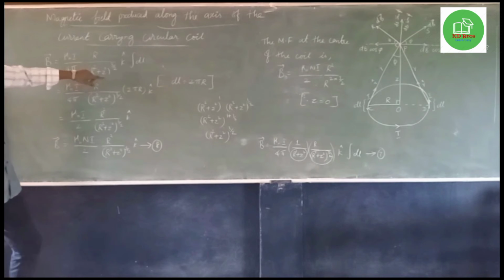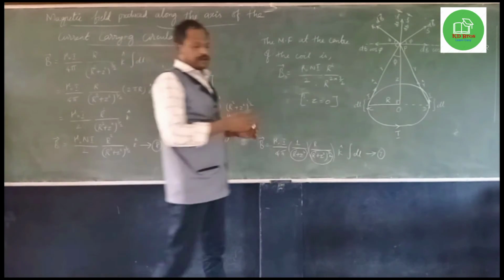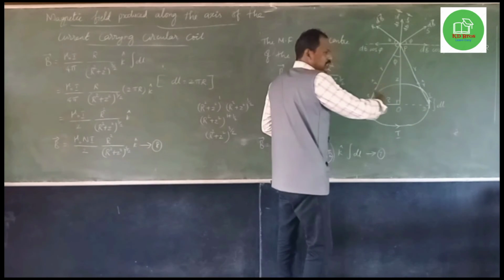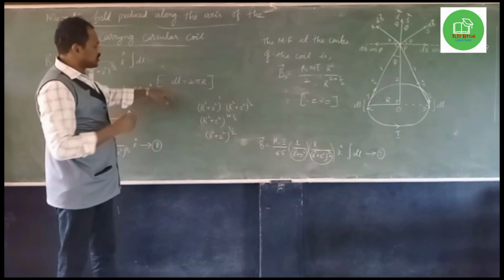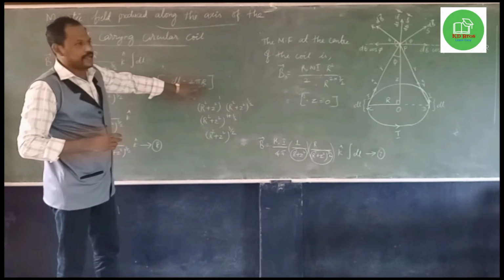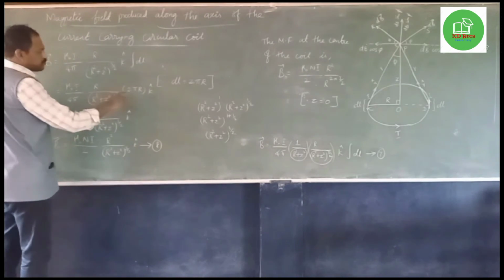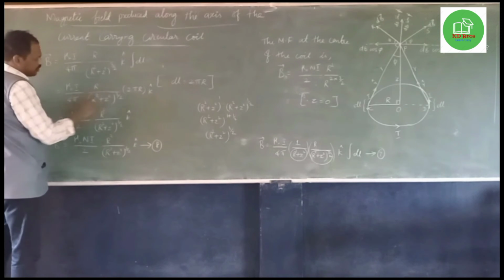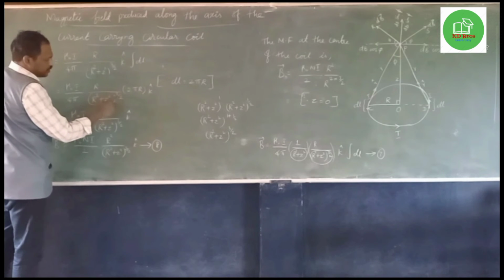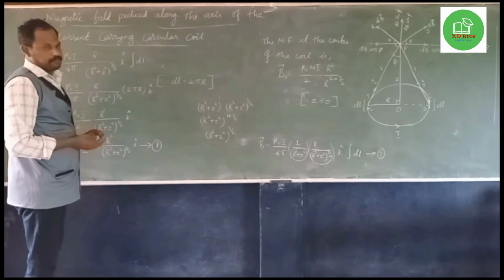So this value we have substituted here. And now this dl, what is the dl? dl is nothing but length, but here it is in terms of a circle, so it is the circumference of the circle, and the formula for that is 2 pi r. You have to substitute this value here. So when you substitute, the above equation will be modified like this: mu naught I divided by 4 pi, r divided by r square plus z square power 3 by 2, into 2 pi r, into k cap.